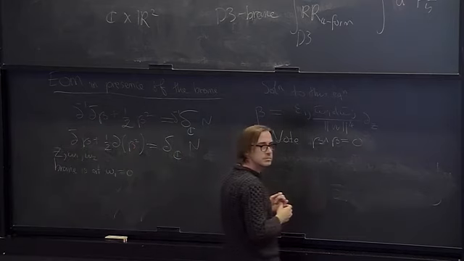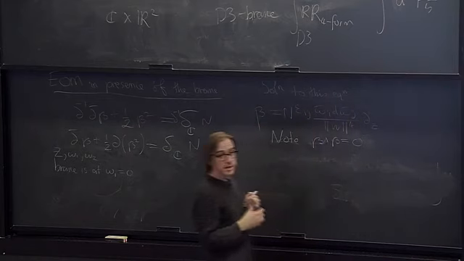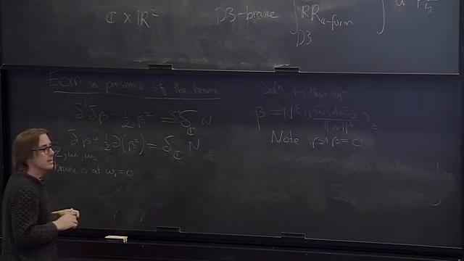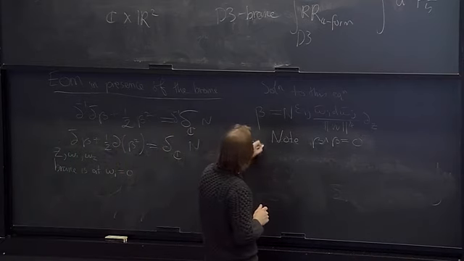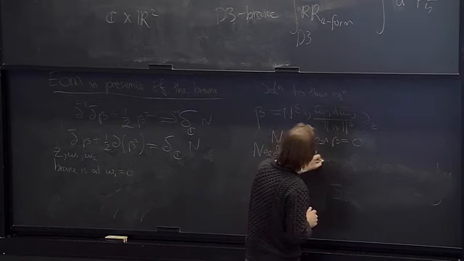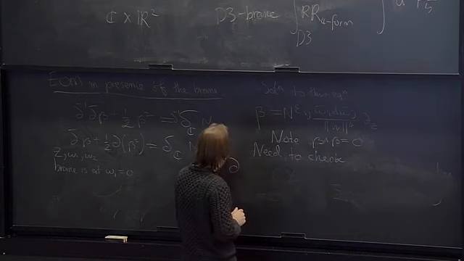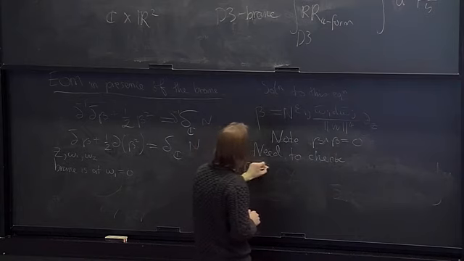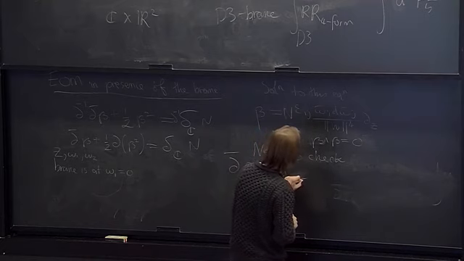Is it overall n? Yes. There are also some factors of pi. So we need to check that d bar beta is a delta function at wi equals 0.